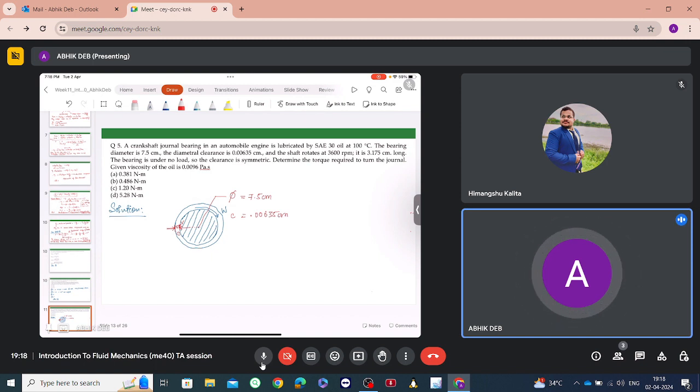So c is half of that, that is c is equal to 0.00317 centimeter, which is very less than phi, or the diameter.